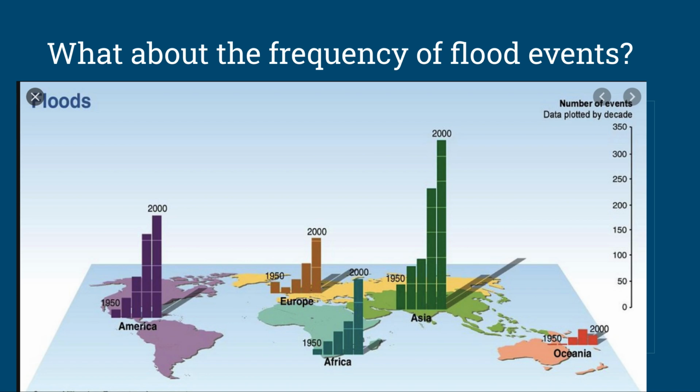That would be one factor, and fewer events occurring in Oceania. However, the number of events in all regions has increased, although the biggest increase has possibly been in Africa and Asia than in other areas of the world.